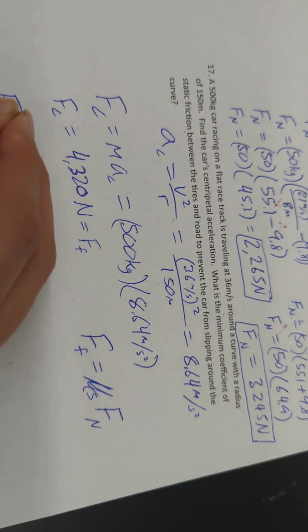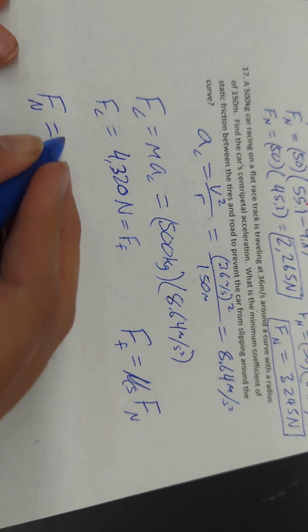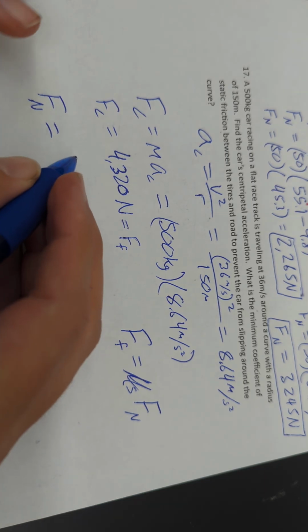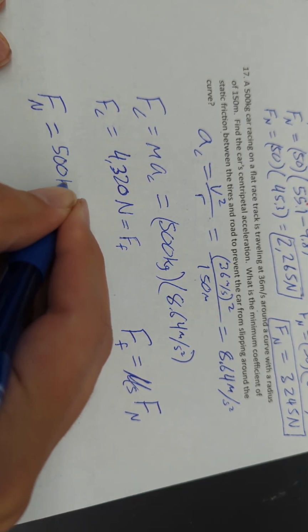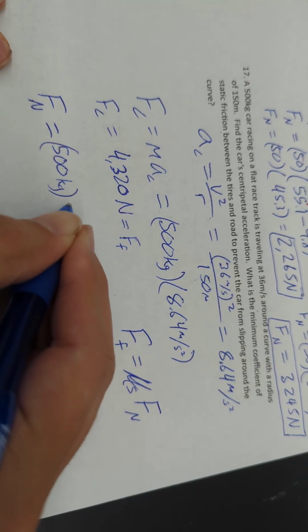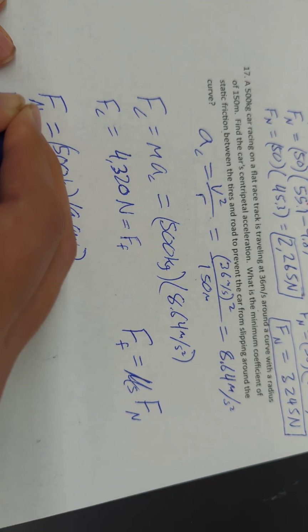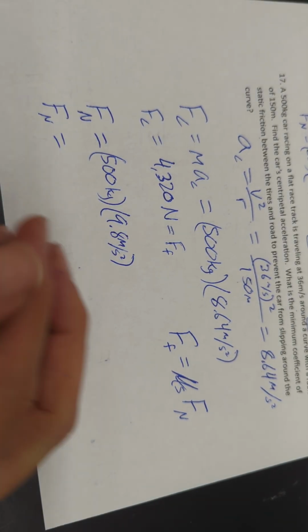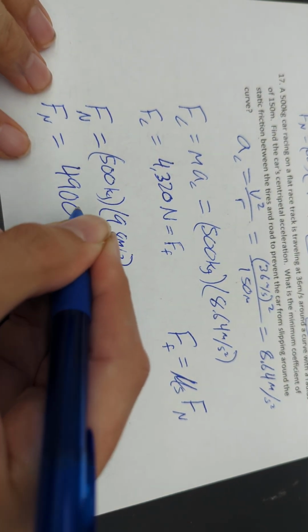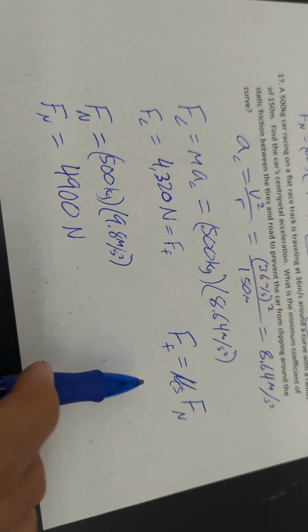And remember, it's flat, you're pushing up against gravity. So it is going to be your mass, 500 kilograms, times your gravity, 9.8 meters per second squared. So Fn equals 9.8 times 500, 4,900 newtons.